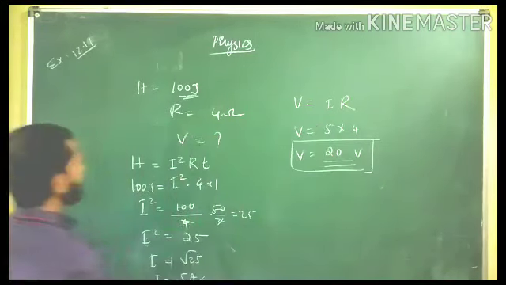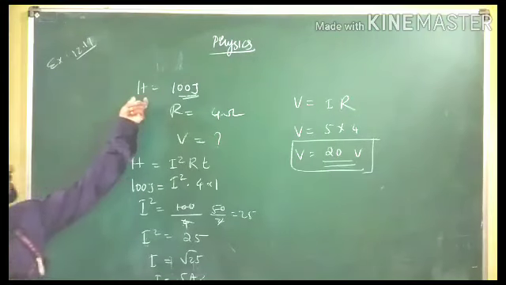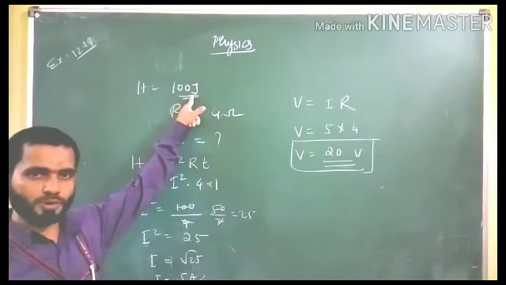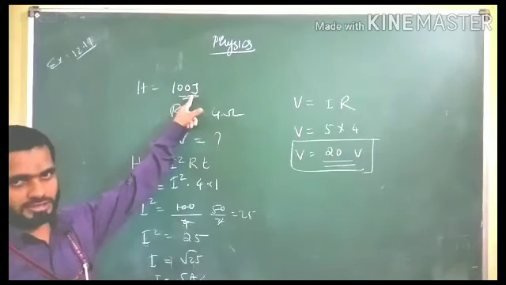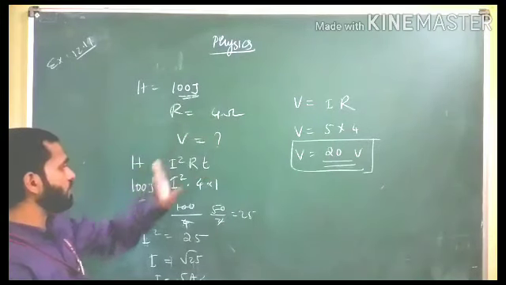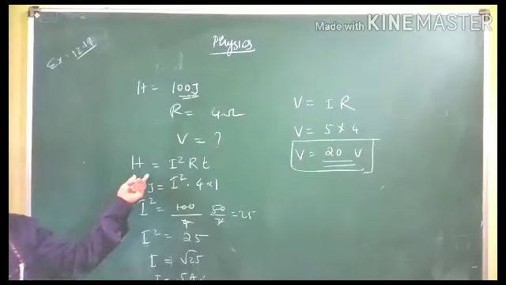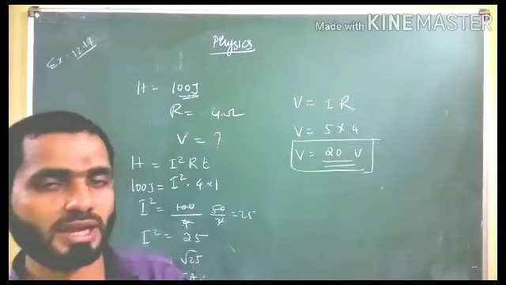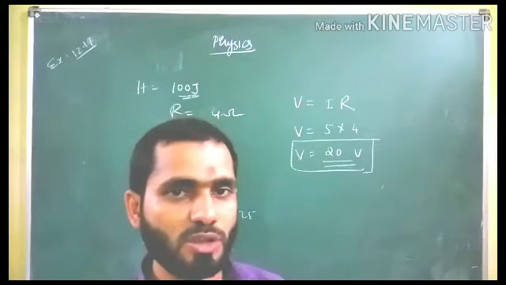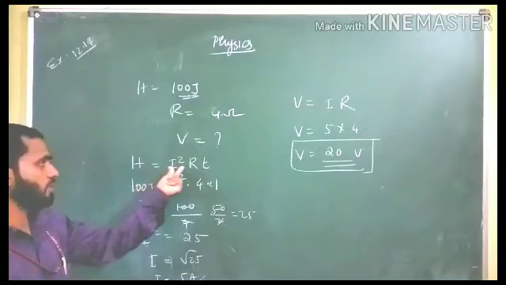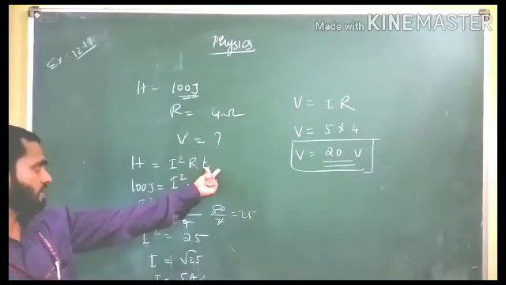Once again, students, H is given. H is equal to 100 joule of energy released or produced each second. R equal to 4 ohm, and V we want to find out. In the last class we studied Joule's law of heating, where we made the equation H is equal to I square into R into T. That same equation I am taking.